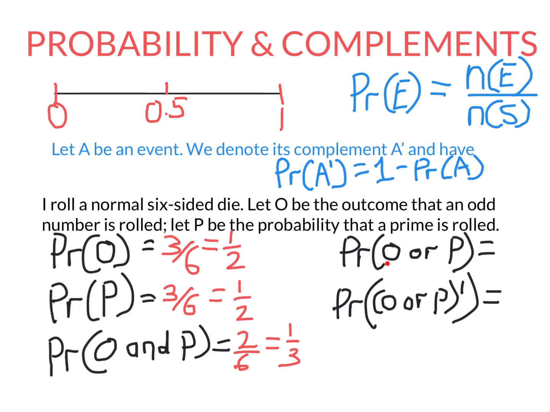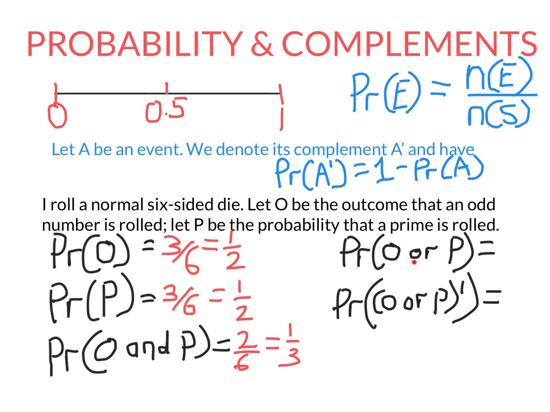What about the probability of O or P? The probability I roll an odd number or prime. Now, in maths, or written like that is an inclusive or. What does that mean? That means we are including all odds, all primes, or anything that's both. What I really mean here is, what is the probability I roll a number that's odd, prime, or both?